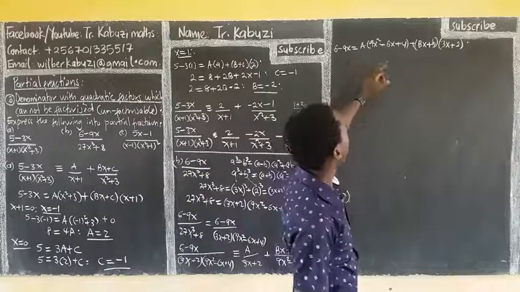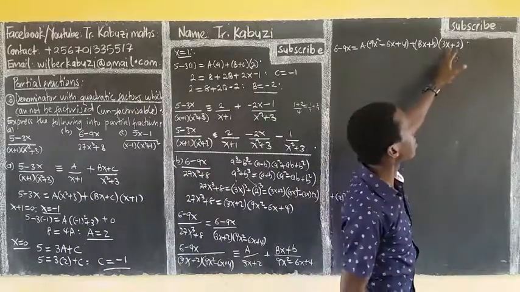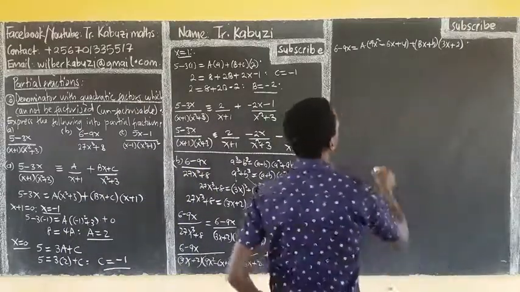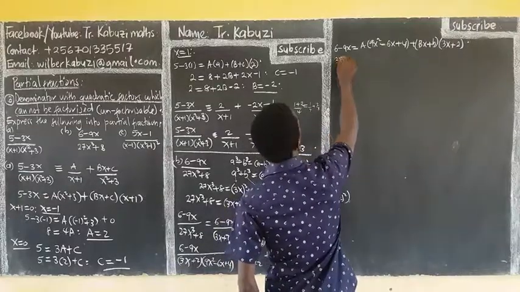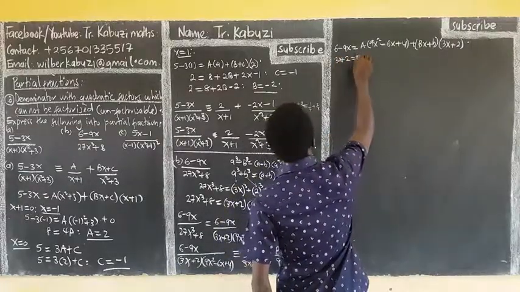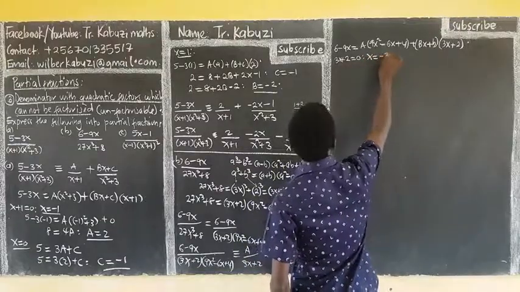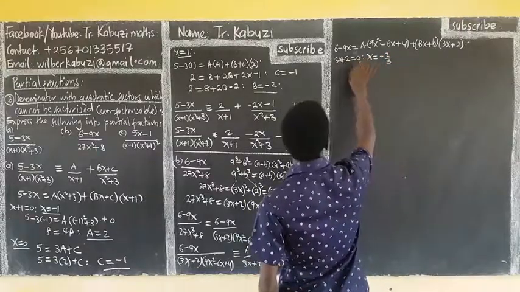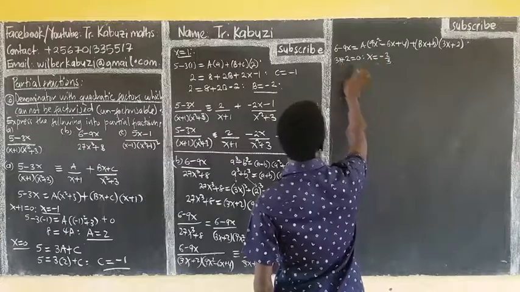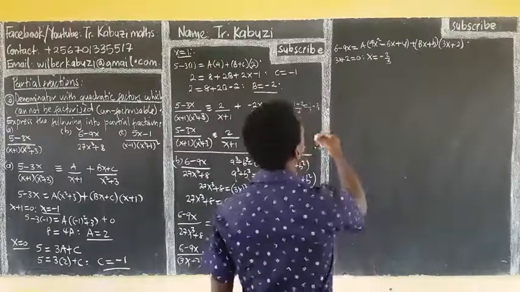To get A, the factor missing here is this, so you put this to 0 to get A. So 3x plus 2, if it's 0, you get x equal to negative 2 over 3. Take this side, it becomes negative, divided by 3. Now substitute it there.